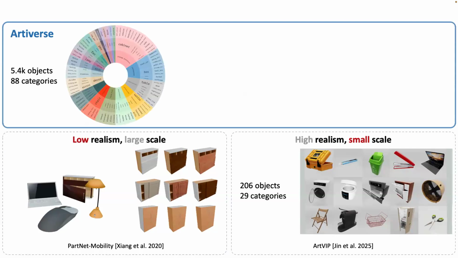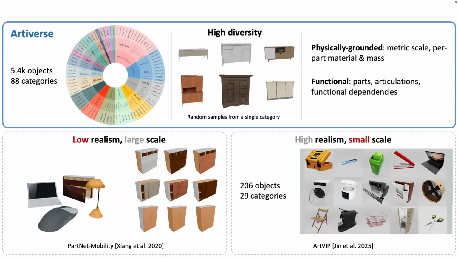So Artiverse tries to combine the strengths of both worlds, provide more than 5,000 objects that are fully interactive with high diversity, but also importantly with physical properties such as metric scales, per part materials, masses, also functional dependencies between parts, articulation parameters, and so forth.